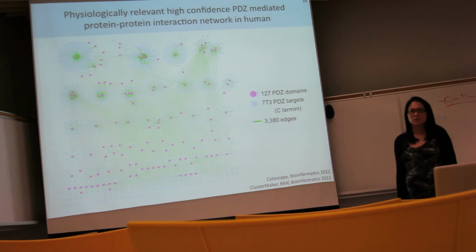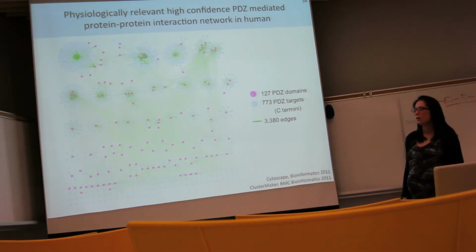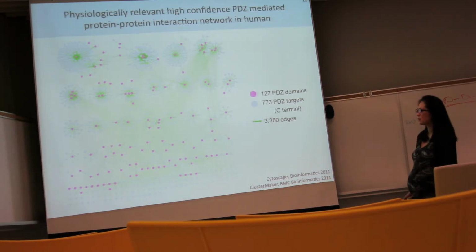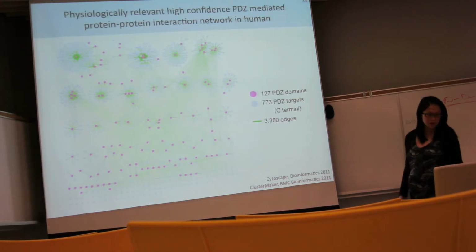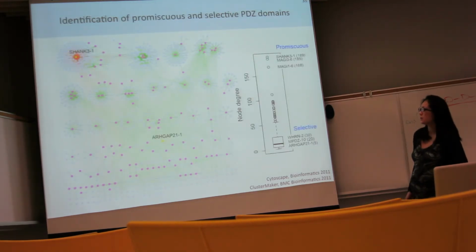So using this network, we can visually identify candidates for further study of specific properties of PDZ domains. For instance, looking at the different clusters in this network, we can identify promiscuous versus selective PDZ domains.